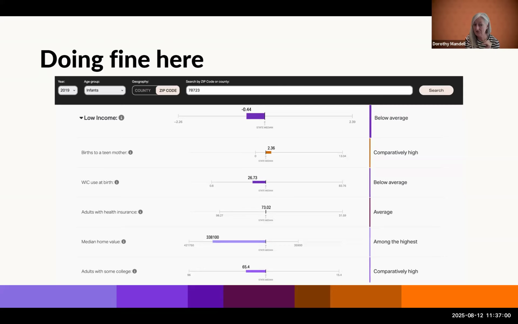We see reasonably average adults with health insurance, and very high median home value. I tell you that's true, and higher now.